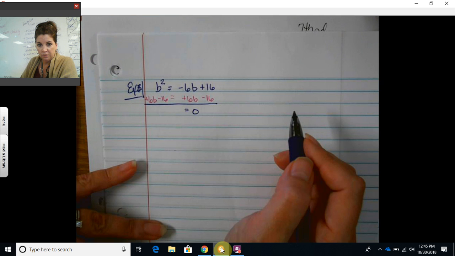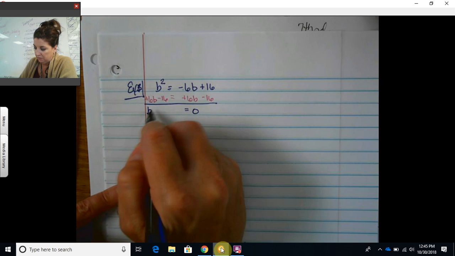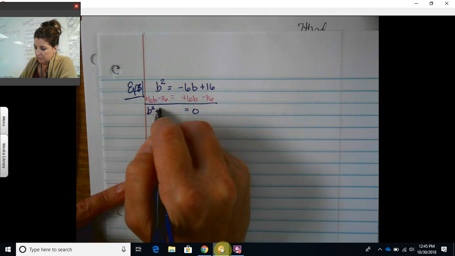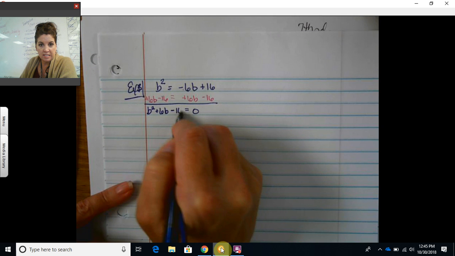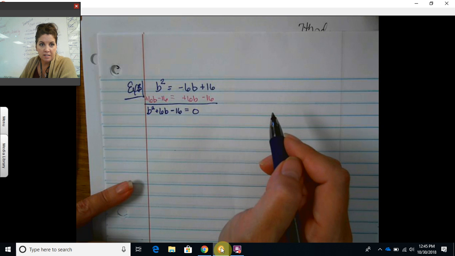On the left side, in standard form, remember you put your term with the highest degree first. So you have b squared plus 6b minus 16.